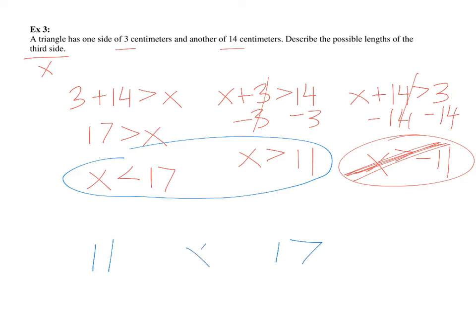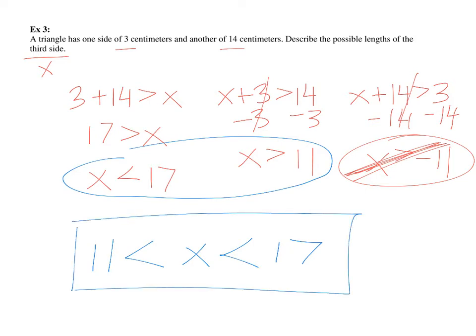X goes in between, and I'm combining these two inequalities into one, so both of the arrowheads should point to the left. And that's my answer. Or if I want to be more specific, I could say centimeters here. So the third side length has to be between 11 and 17.